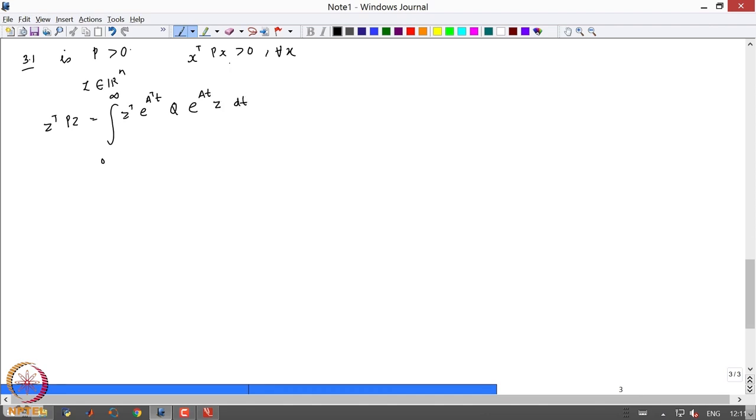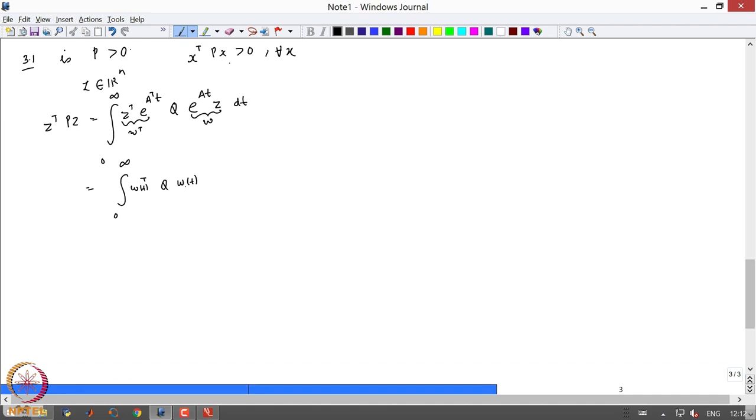Now, this is some vector, right, we will call it w, and then this therefore will be w transpose. Okay. I have integral 0 to infinity some vector w transpose, this is again depending on time, Q w(t). Okay.